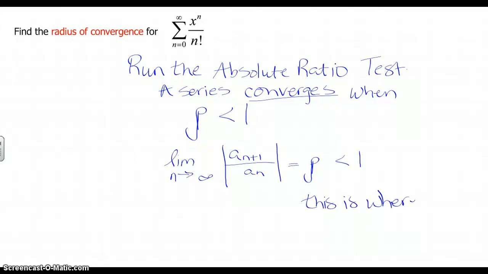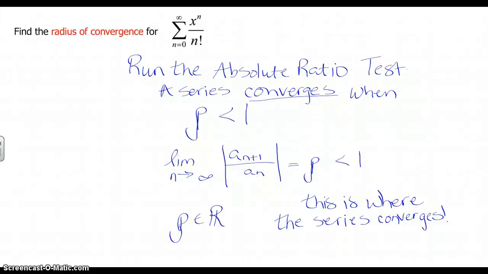And we know that if we set rho less than 1, then this is where the series converges. And here's what's going to happen for us. What happened for us before when we just had series in n is that rho wound up some real number. Now rho is going to wind up some manipulation on x.